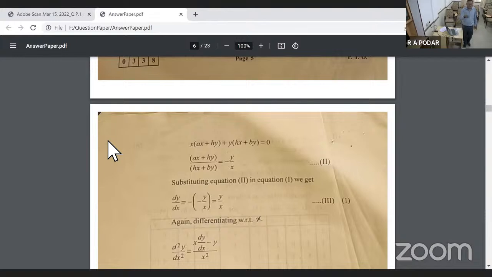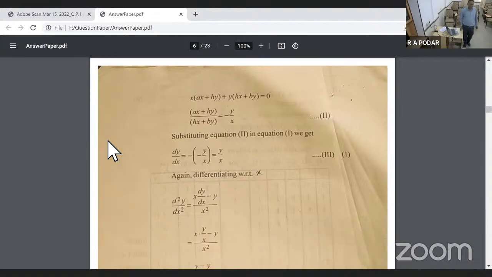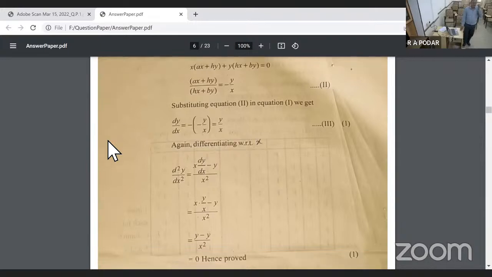And again you resubstitute equation number 3 in the second order derivative. So again differentiating, we get dy by dx. So substitute dy by dx equal to y upon x. So x cancels and y minus y you get 0. So finally the answer is 0.